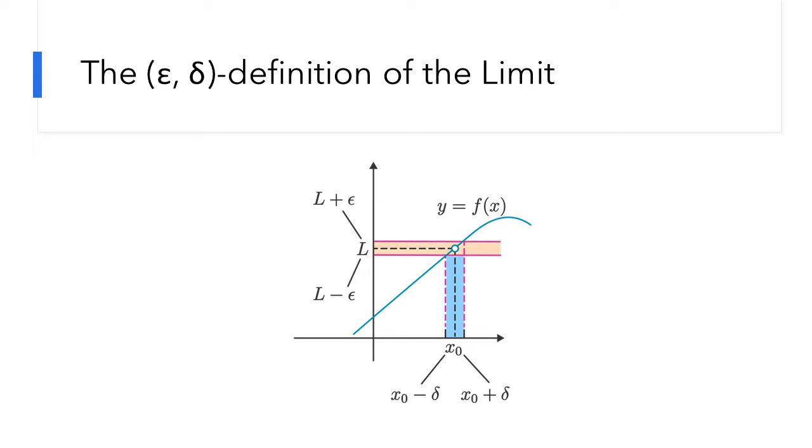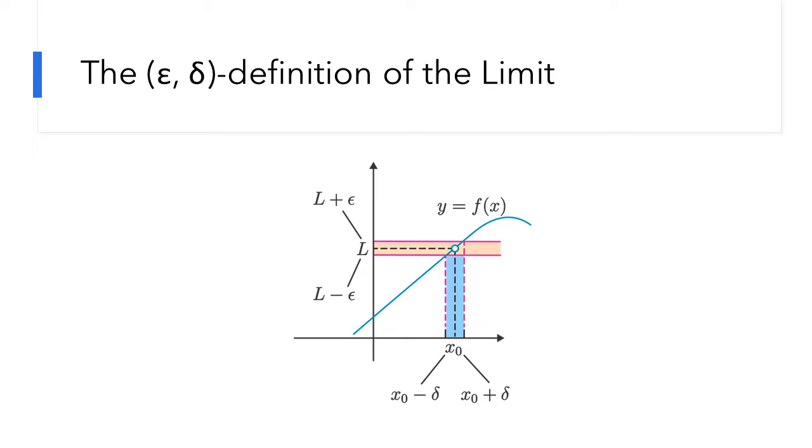As you can see, what this definition generates is a sort of box around the limiting point of dimensions 2 epsilon by 2 delta. What it means for the limit to exist at point x0 is that you can pick an epsilon such that there will always be inputs within the range of delta that correspond to outputs in the range of epsilon.